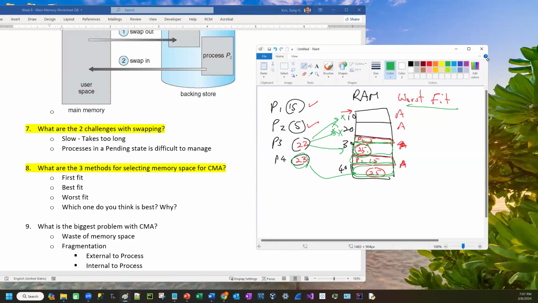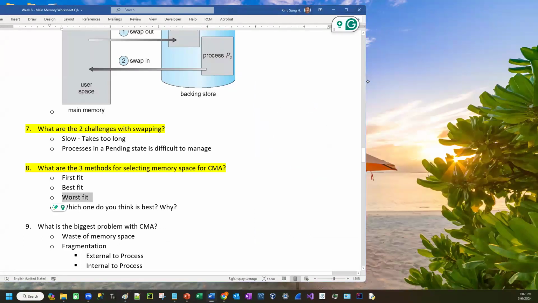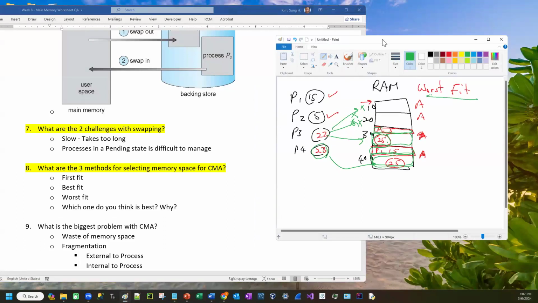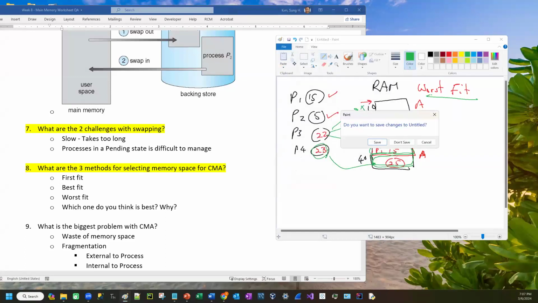So, my question for you is, which one is the best? The worst, the best, or the first? Which one do you think is the best? Well, the worst fit.